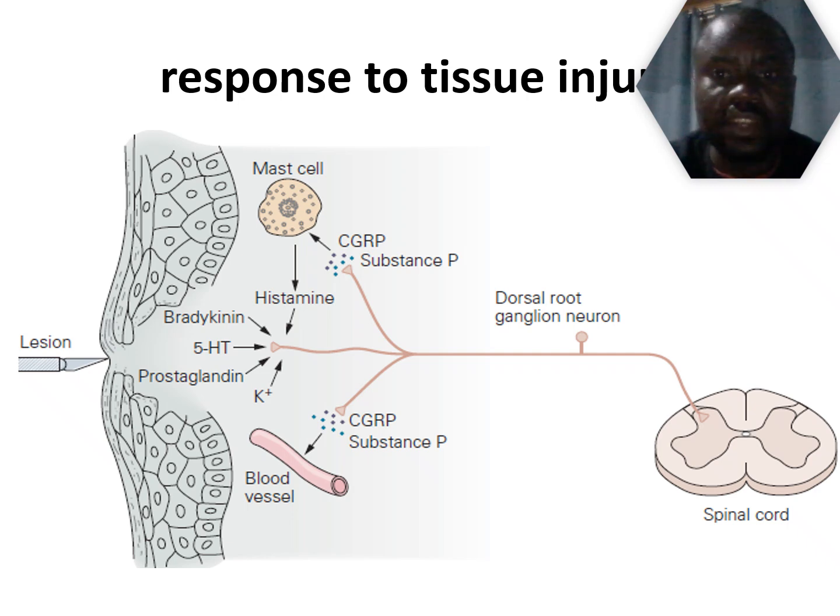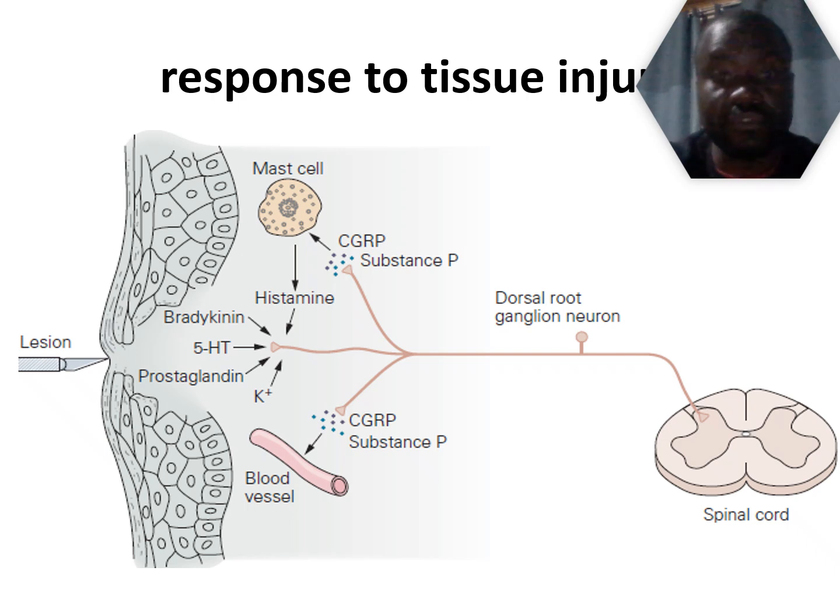Histamine will cause the blood vessels to dilate more, so there will be congestion of blood here, and there will be swelling. So you begin to have swelling where there is injury. The swelling also presses mechanically on the free nerve endings and stimulates them more. And the histamine also stimulates the free nerve endings.